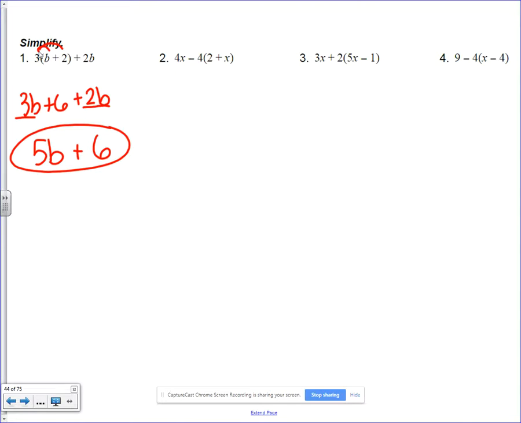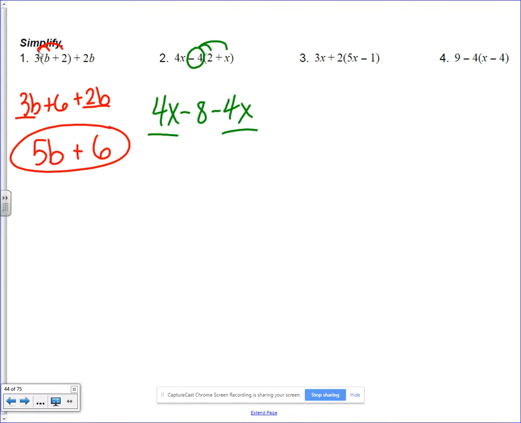Moving on. What needs to be distributed in number 2? Yeah, I'm so glad you said -4. In fact, I'm going to circle it because a lot of people will forget that it's negative. We're going to drop down the 4x. What is -4 times 2? And what is -4 times x? How are we doing here, folks? Any like terms?